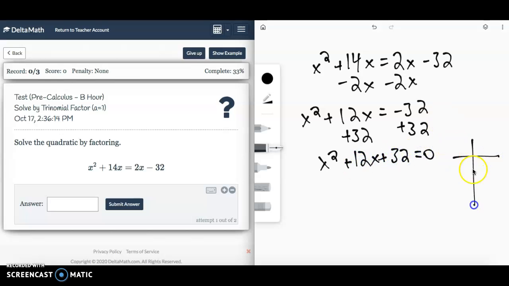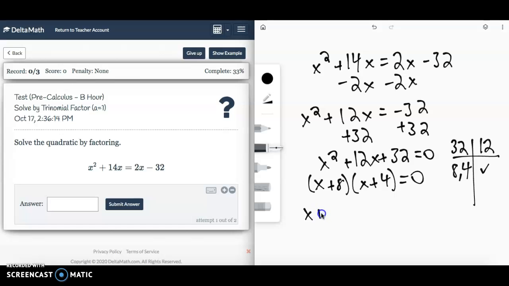Then I have to figure out, there's no GCF, right? So I figure out what multiplies to my AC, my 32, and adds to 12. Let's see, that would be 8 and 4. Yep. So I get x plus 8, x plus 4. Separately set those factors equal to 0 and solve.